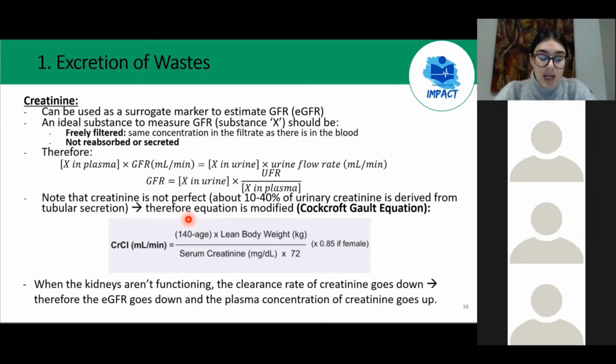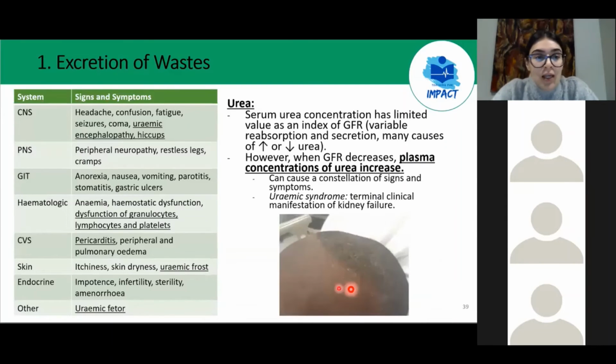Alongside the eGFR, we also look at the serum creatinine as a marker of renal function, because we know that if the kidneys aren't working, then they're not able to secrete creatinine. So that means that the rate of creatinine clearance goes down, which means that there's more creatinine in the blood. That's why I wanted to highlight creatinine, just for ward purposes.